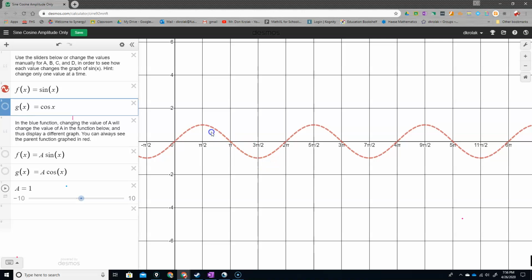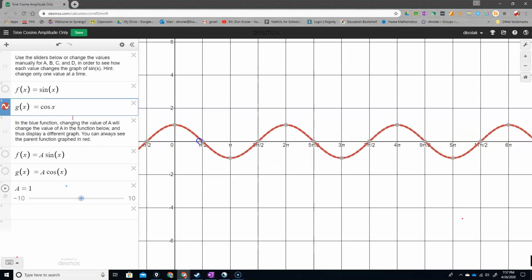Okay, here are our high points. Our high points are at pi over 2, a low point at 3 pi over 2, high point 5 pi over 2, low point 7 pi over 2. Just like those used to be when I did cosine, those were the x-intercepts.